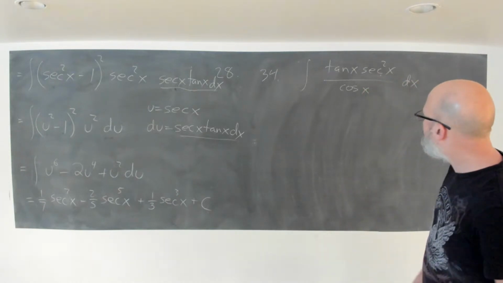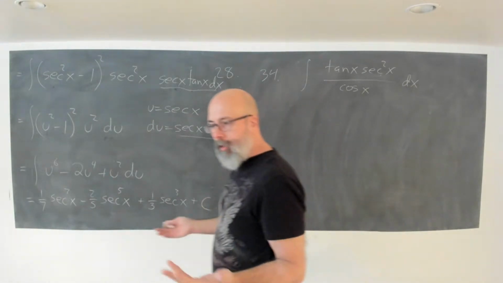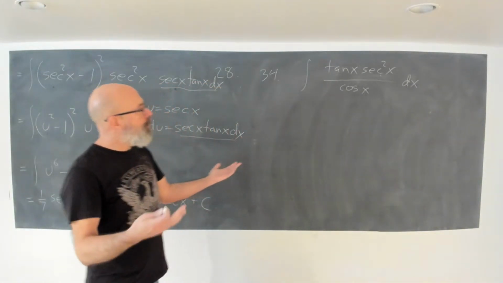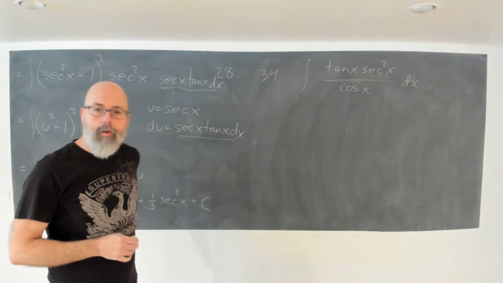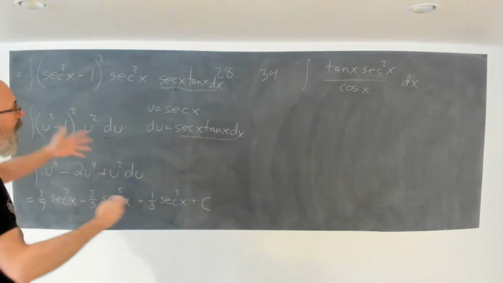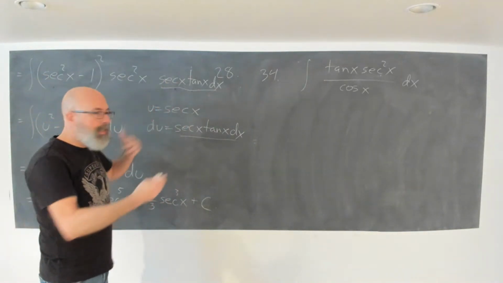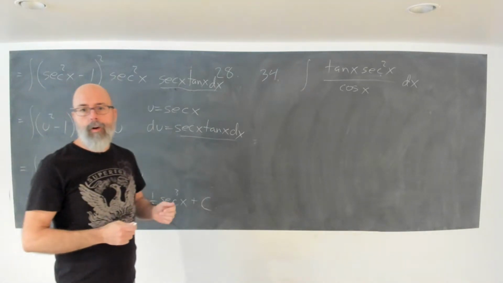Very good. All right, back to this. You have an integral involving tangent, secant, and cosine. Not desirable at all. You see that secant and tan work very well together. Sine and cosine work very well together.